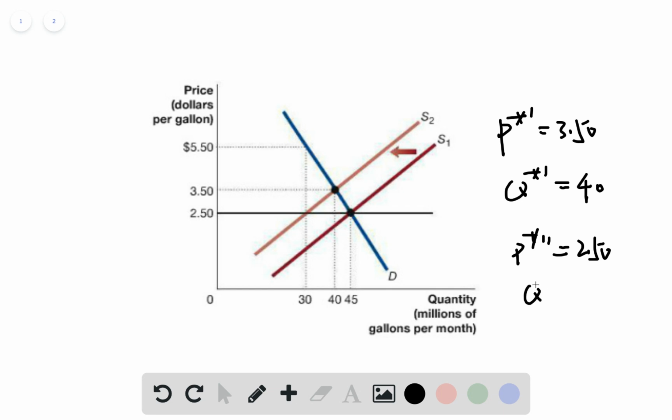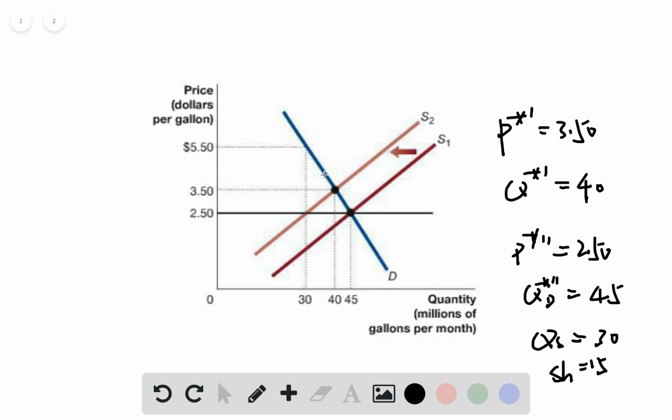The quantity demanded QD at 250 equals 45, and QS equals 30. So the amount of shortage equals 15, the difference between the quantity demanded and quantity supplied.